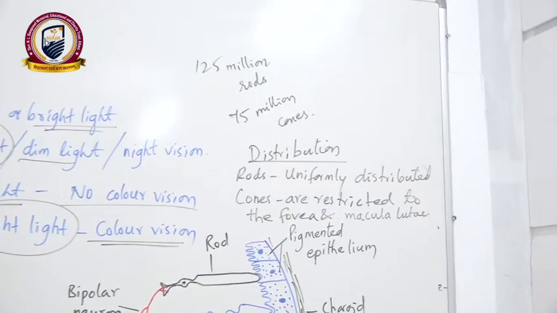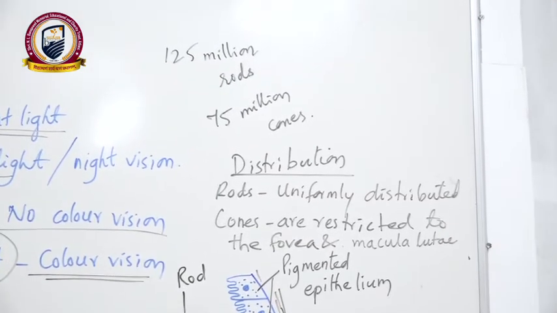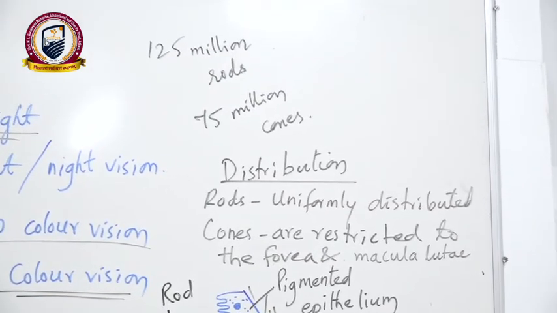So that is how the two types of photoreceptors are distributed in our retina.